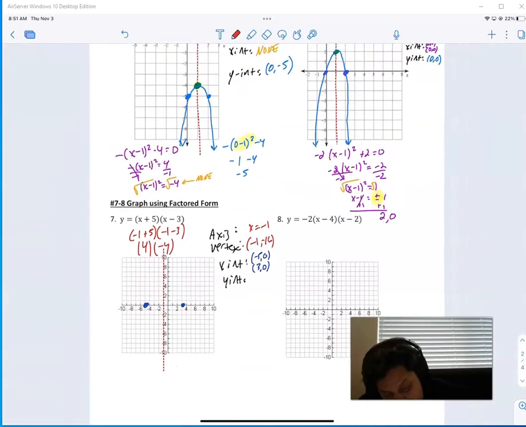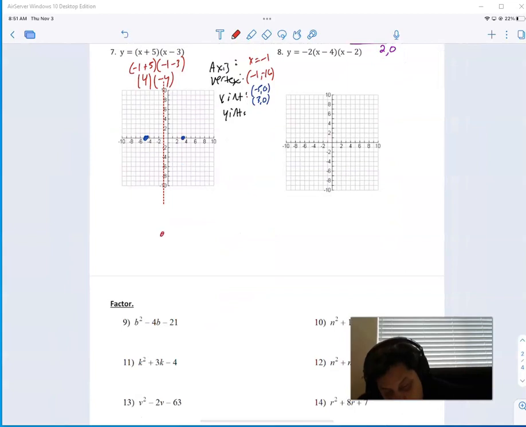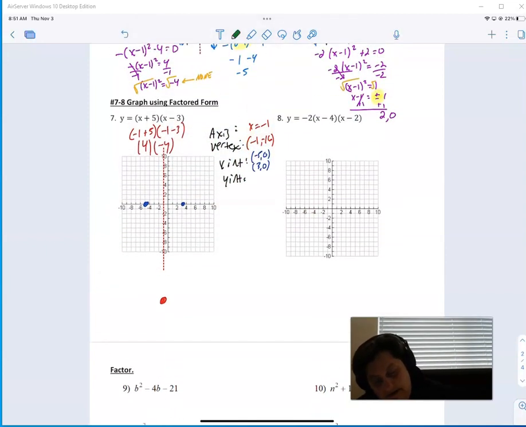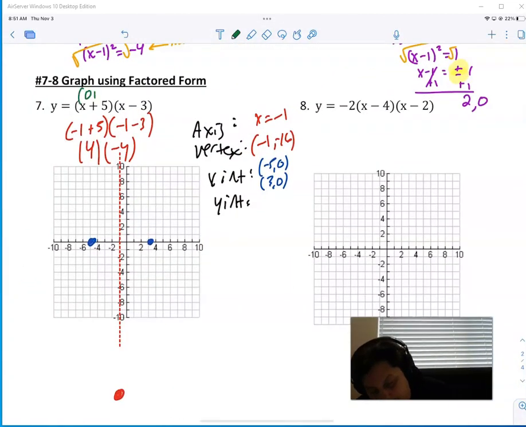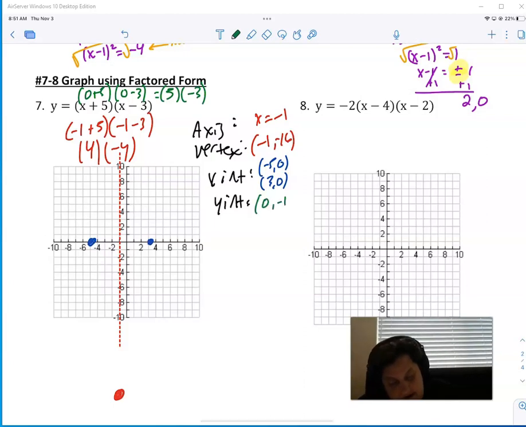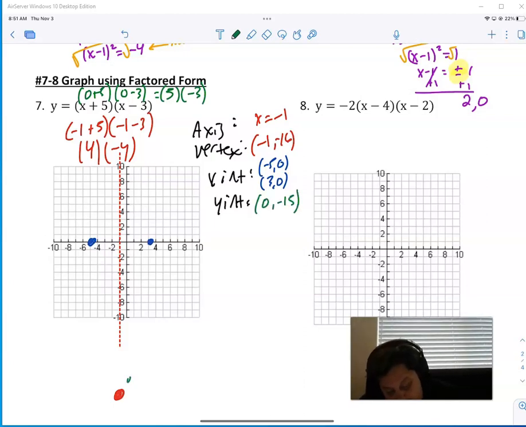So, I don't mean to make it go off the graph so much, but like down here somewhere. All right, my y-intercept is just like, so if I do, I get 5, 50 is 15. Okay.